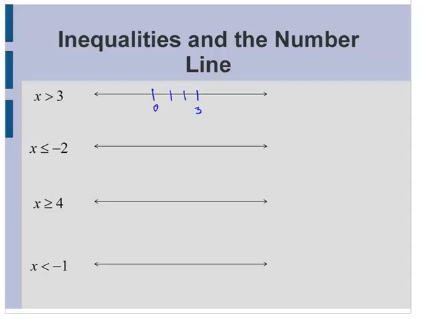For x to be greater than 3, the numbers that are greater than 3 are to the right of 3. So we would shade the number line to the right, with the arrow. And since it's a strict inequality, greater than, not greater than or equal to, we will put a parenthesis opening in that same direction.